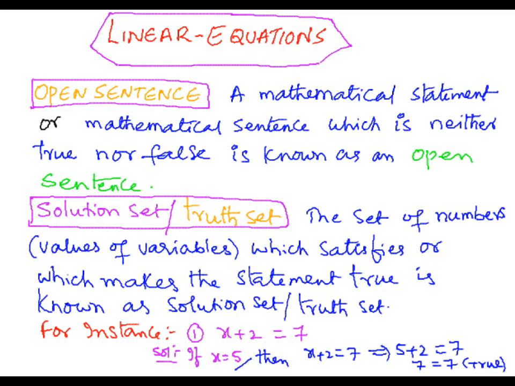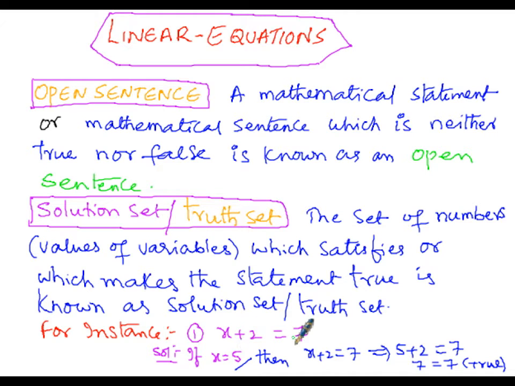So therefore the solution set or the truth set is x equals 5, because the value of the variable, that is x, in the statement x plus 2 equals 7, only x equals 5 will satisfy this condition.